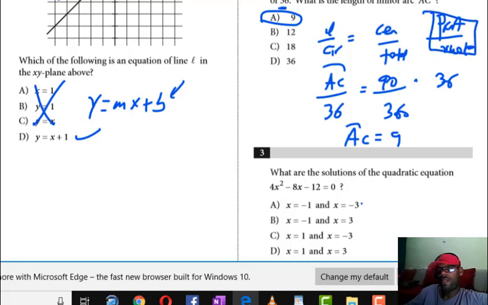ሶስተኛው ደግሞ what are the solution of the equation, quadratic equation ይላል so በተለያየ መንገድ ይሰራል። ለምሳሌ ኖርማል sum and product ወይ ፎርሙላ የፈለጋችሁ መጠቀም ይችላላችሁ። ለምሳሌ just divide all side by 4, so x squared minus 2x minus 3 is equals to 0.